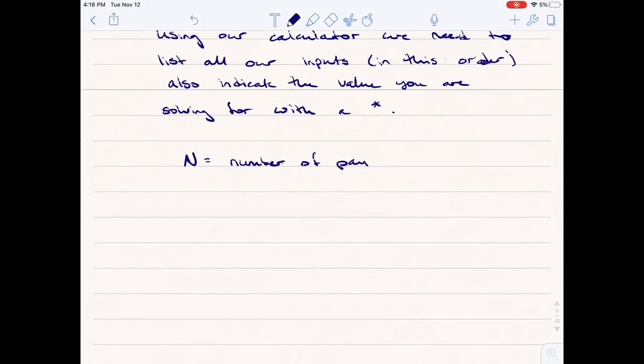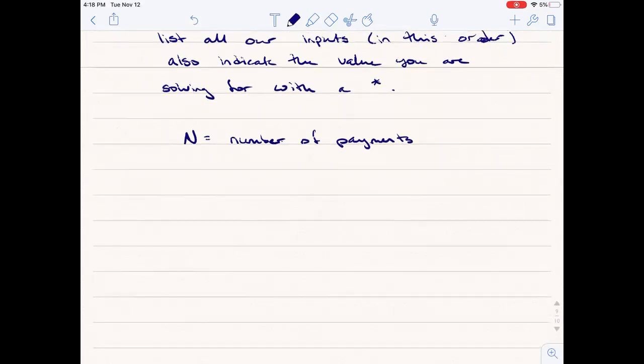N is the number of payments, right? Whereas before N was the number of compoundings, but now it has to be the number of payments, just like in our calculations. And then listing them in the order that they appear on our calculator, the interest per year is the nominal rate as a percentage, right?